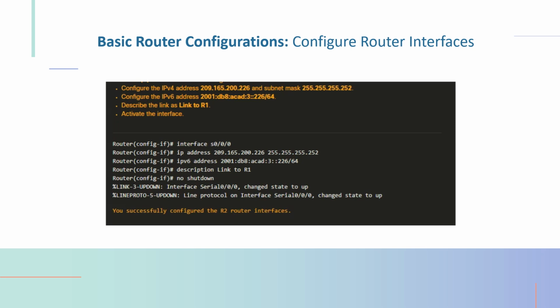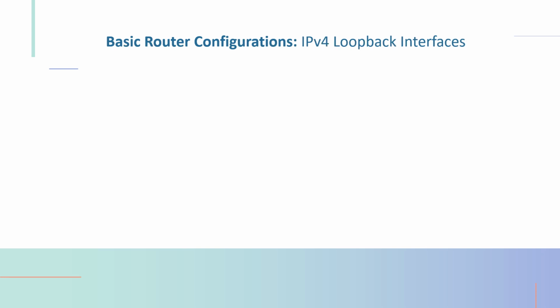Another common configuration of a Cisco IOS router is enabling a loopback interface. The loopback interface is a logical interface that is internal to the router. It is not assigned to a physical port and can never be connected to any other device.